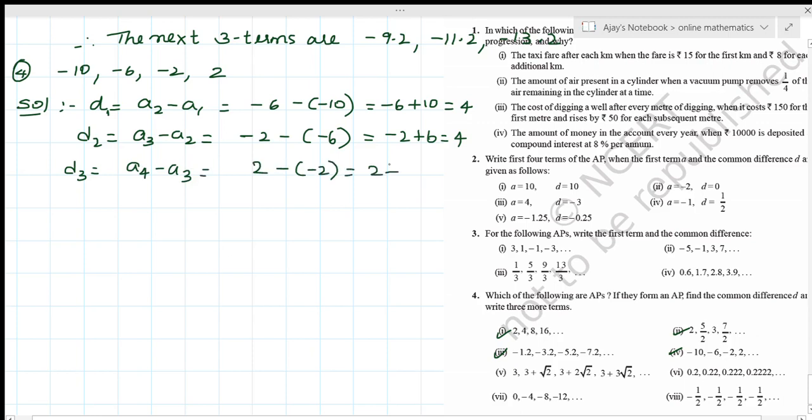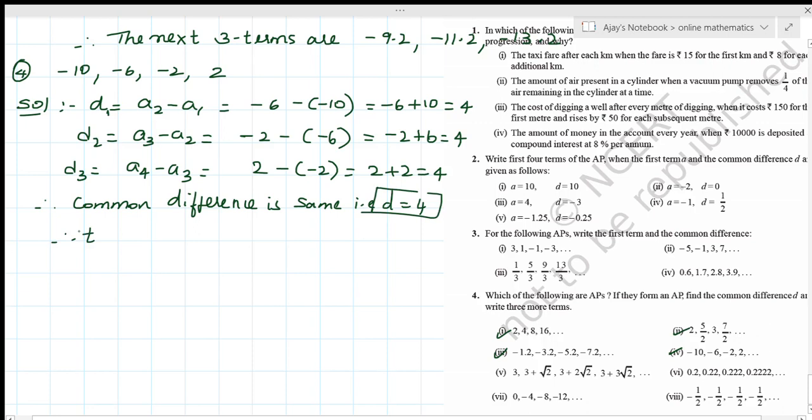It is 2 plus 2. It is 4. So therefore, the common difference is the same, that is, D is equal to 4. Common difference is the same, so it is an AP.